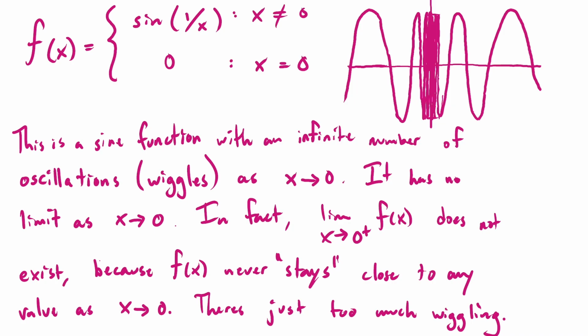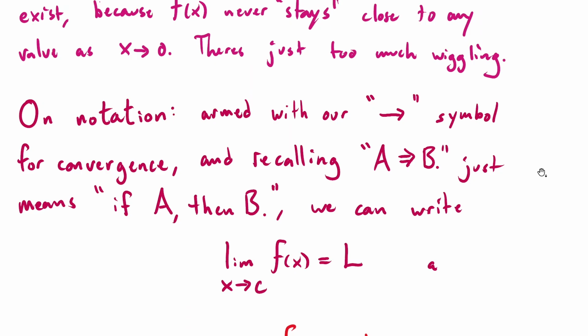It just jumps and wiggles back and forth, faster and faster as you approach 0. And because there's no settling down, f of x doesn't really approach or stay close to anything as x approaches 0. There's just too much wiggling. And so in this way, the left and right limits fail to exist, and so the total limit would also fail to exist. And that's most of the facts I want to tell you about the limit.